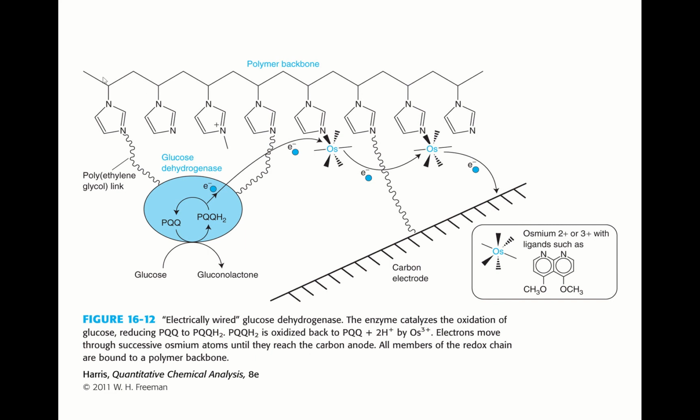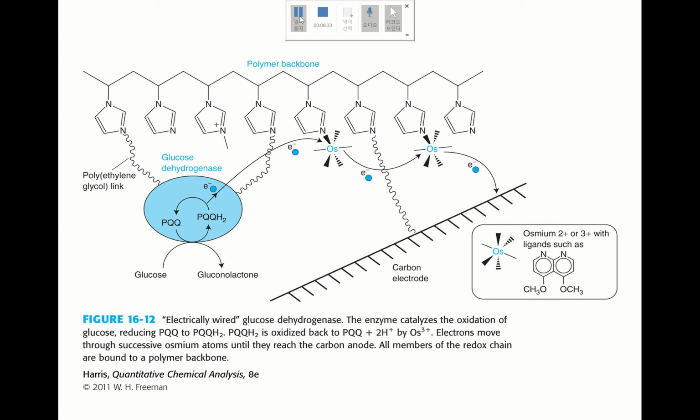Okay, here is a very long polymer backbone, and it has this osmium complex, osmium-containing complex on this backbone. Okay, and now this whole system is hung on this large polymer backbone.